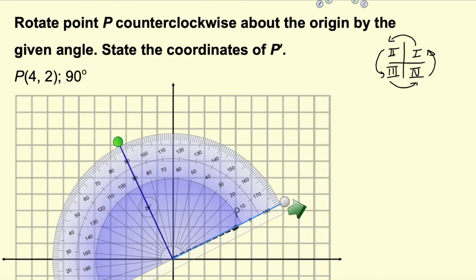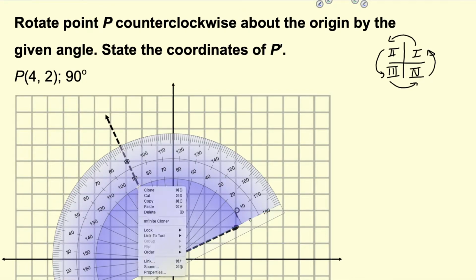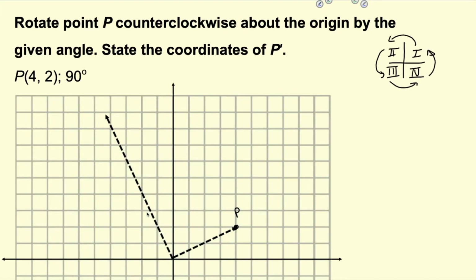Then I know that the rotated point should fall along this 90 degree line as well. Then I can hide this protractor. So I know that's going to be a 90 degree rotation.